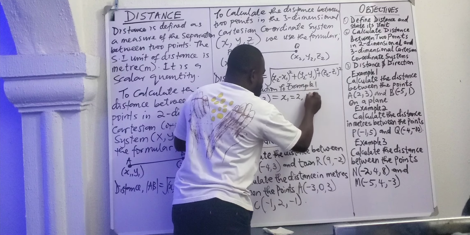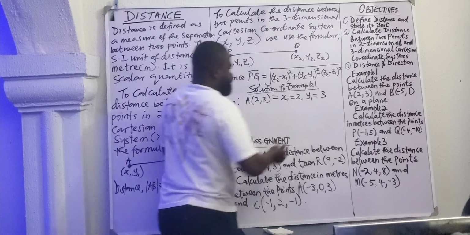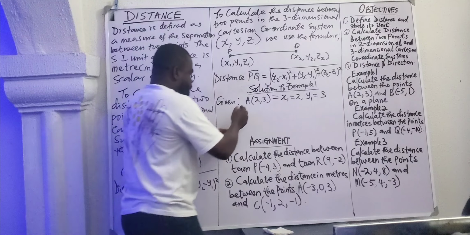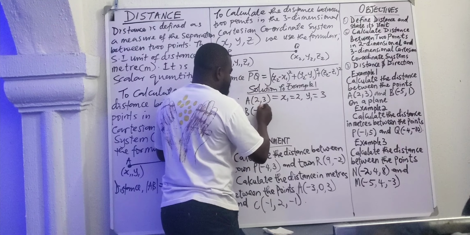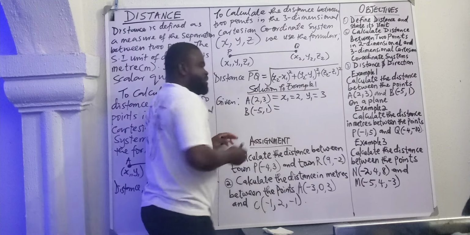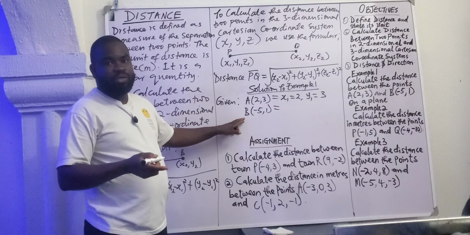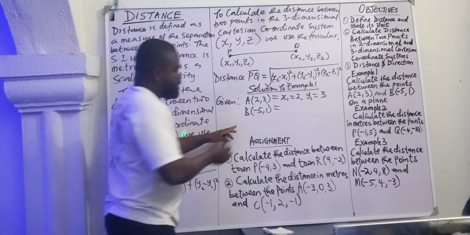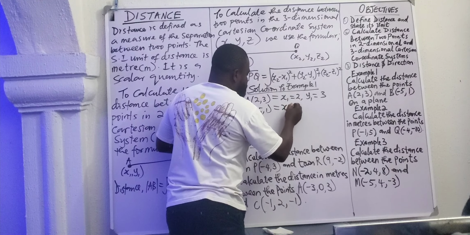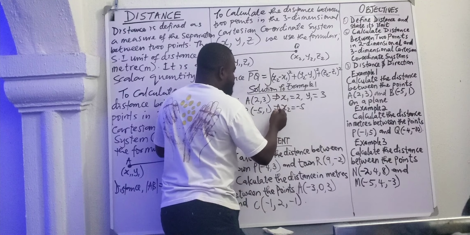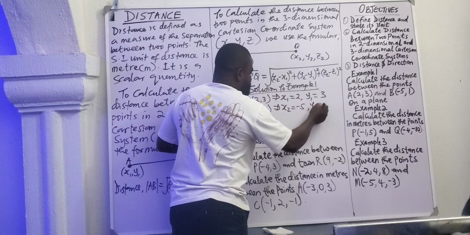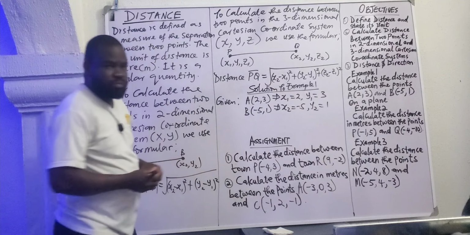So it means that y1 is equal to 3. Then our point B is given as (-5, 1). What does that mean? B is the second point, which means that x2 is -5 and y2 is equal to 1.